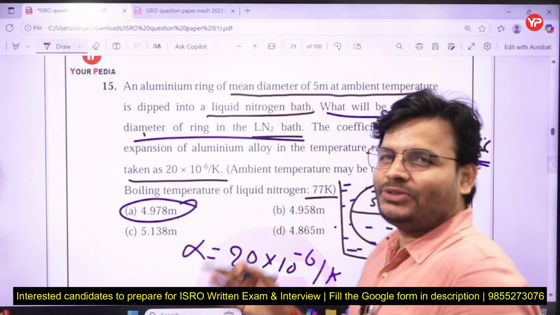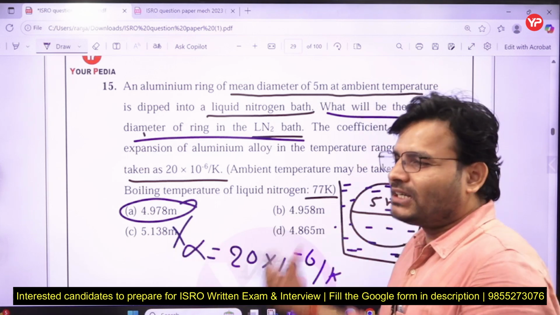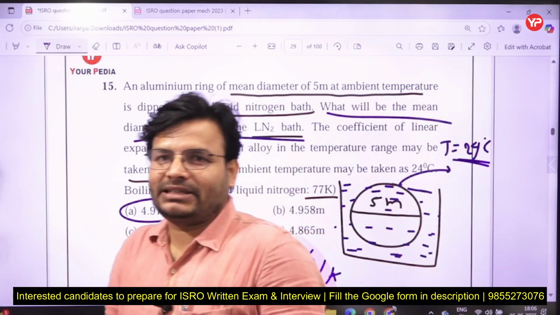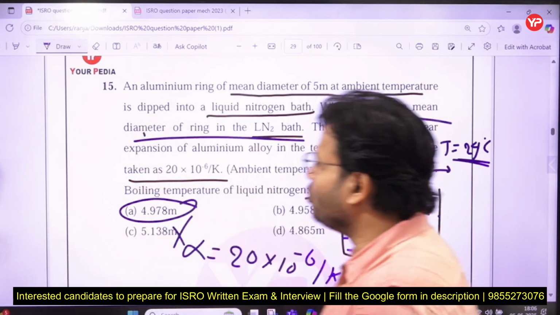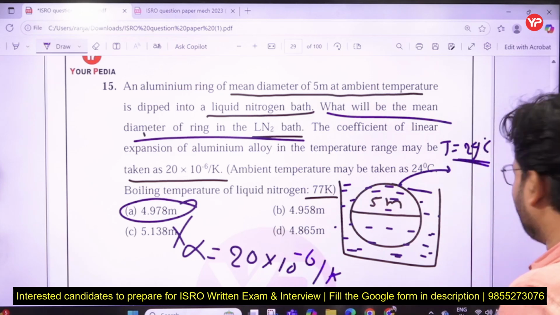So even now you can eliminate option C, it can't be. Why? Because the temperature decreases, so it is not going to expand, it is going to contract.